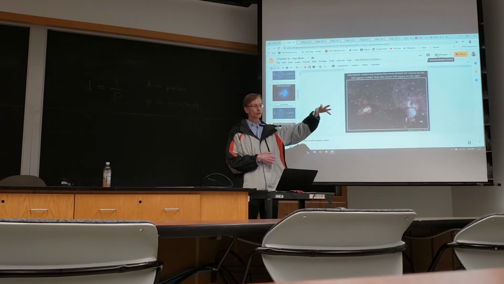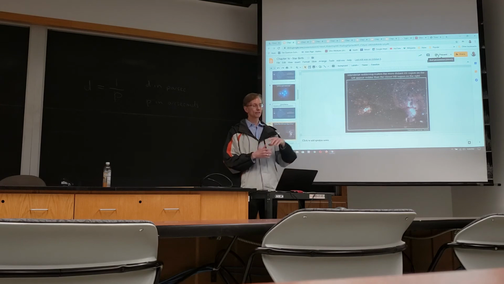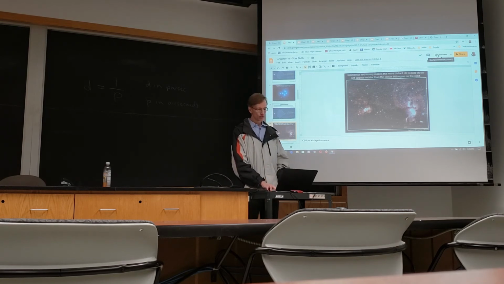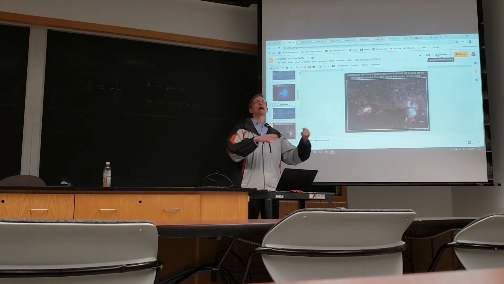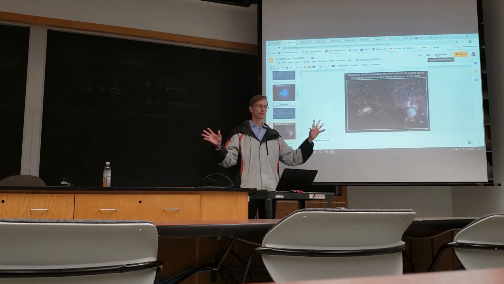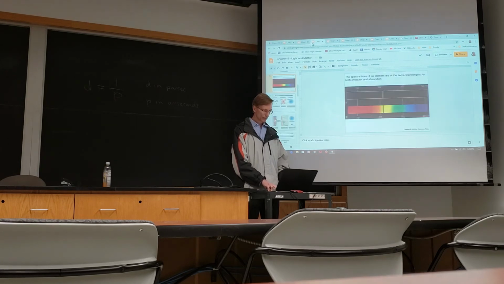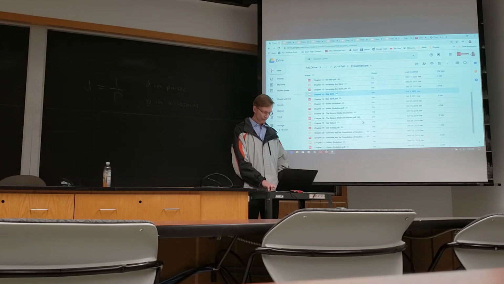But if we measure its period of brightness fluctuations, from our calibration from nearby Cepheids, we can say, aha, that Cepheid has a period of thus and so, and therefore its luminosity is, say, 10,000 times the luminosity of the sun. And then you measure its apparent brightness, and you can calculate how far away it is. That's what Hubble did in order to determine that the Andromeda Galaxy is a separate galaxy from our own.